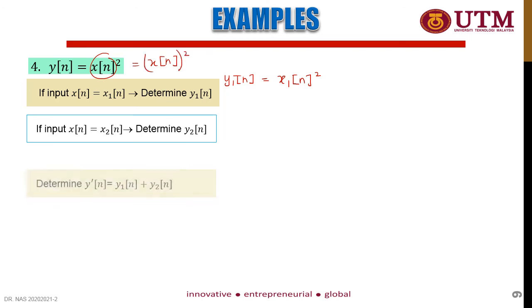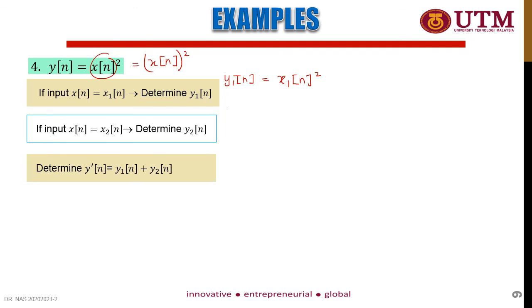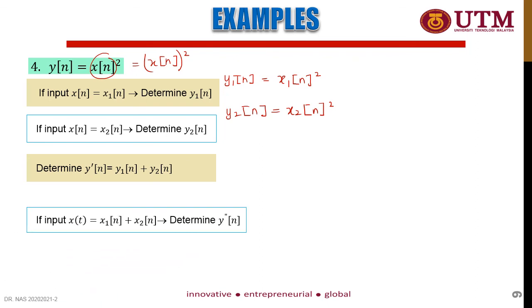Next, y2[n] equals x2[n] squared. Third step, determine y prime[n], so y1 plus y2. This equals x1[n] squared plus x2[n] squared.